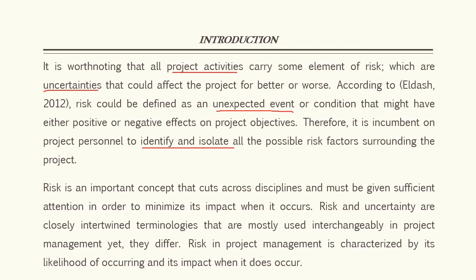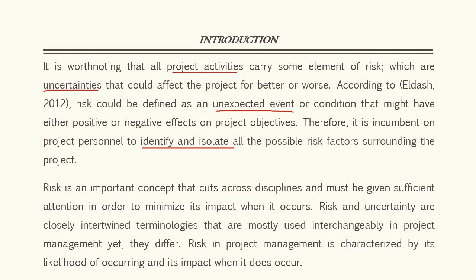Risk and uncertainties are closely intertwined terminologies. Most of the time we tend to use these two words interchangeably, but in actual fact the two terminologies differ. Risk in project management is characterized by its likelihood of occurring and its impact when it does occur.